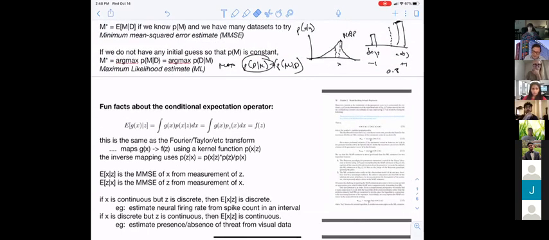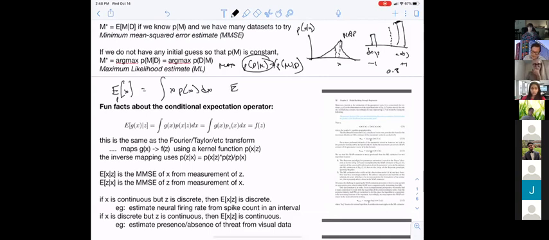So conditional expectation, remember the expected value over some probability distribution of x is equal to the integral of x p(x) dx. The conditional expectation, which is often written as the expectation of x given y, really means the expectation over the conditional density p(x given y).